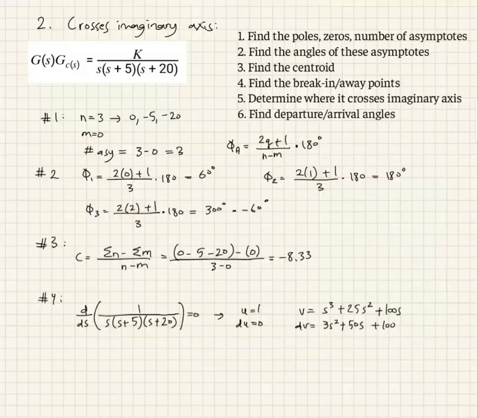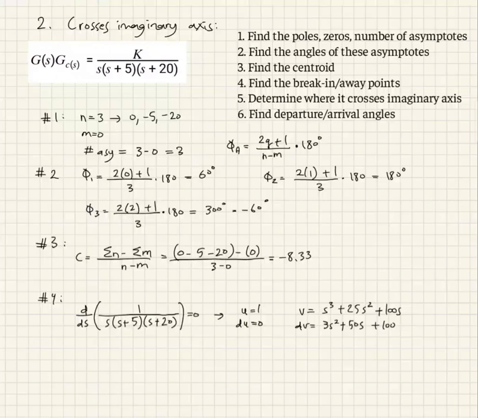If we had, let's say, 5 asymptotes, we would do this equation 5 times, from q0 up to q4, because 0, 1, 2, 3, 4 is 5 values. I hope we get that.